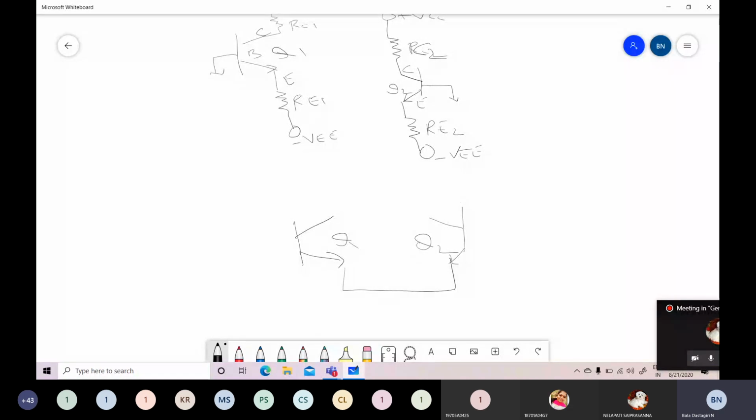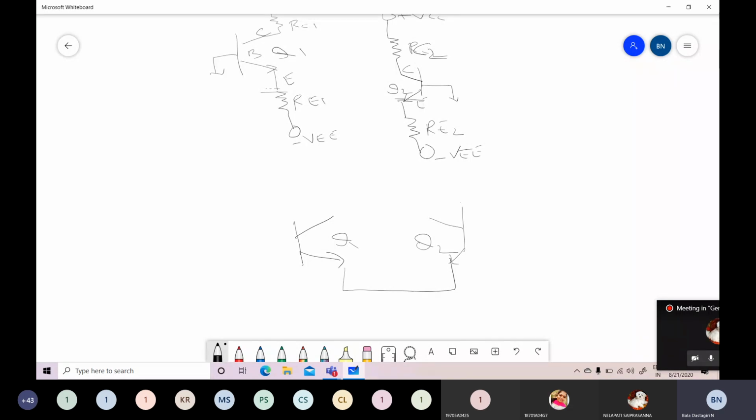Okay, so first take two emitter biased circuits which are equivalent as shown in the figure. In order to design the differential amplifier, the first step is to connect the emitters of the transistors. So you can see here, the emitter of Q1 is connected with the emitter of Q2.